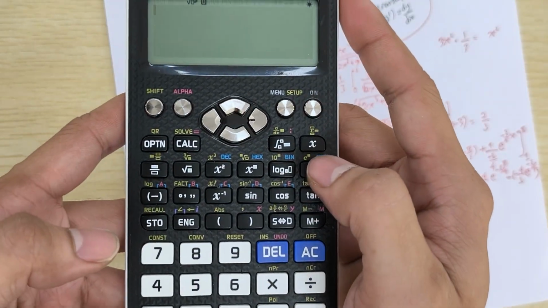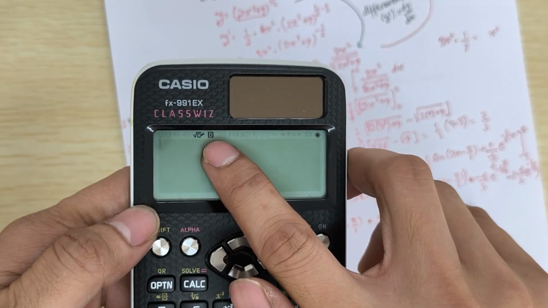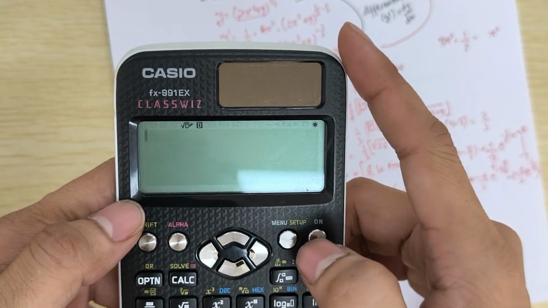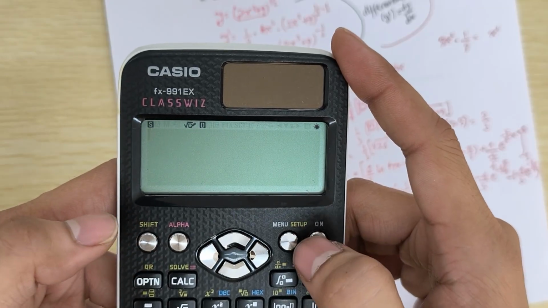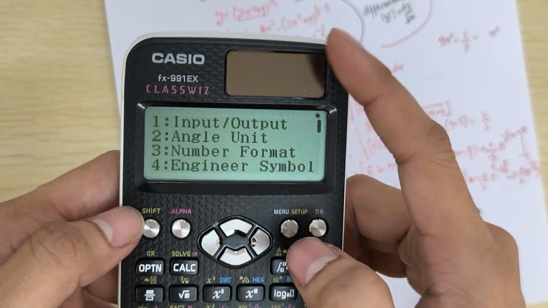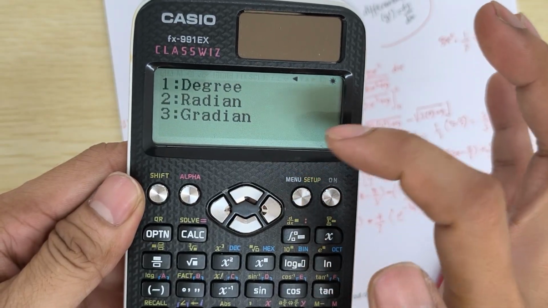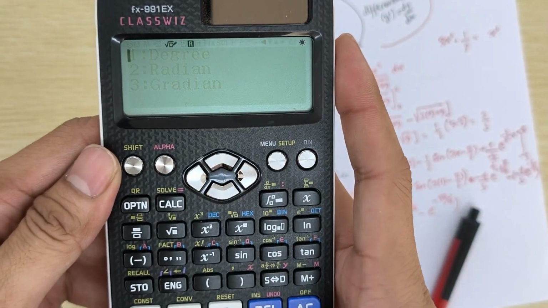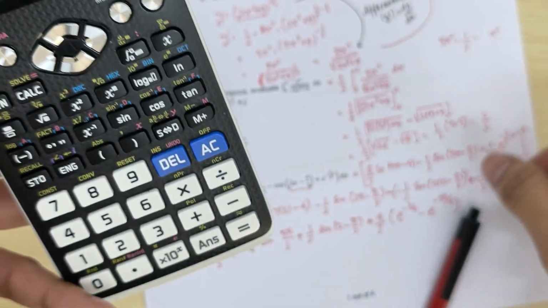To change the settings, you see here there is a capital D. It means degree. So you need to change into radian. Shift, menu, setup, and then choose degree, radian, and gradient. So you choose the second one, radian. There is a small r there, right?